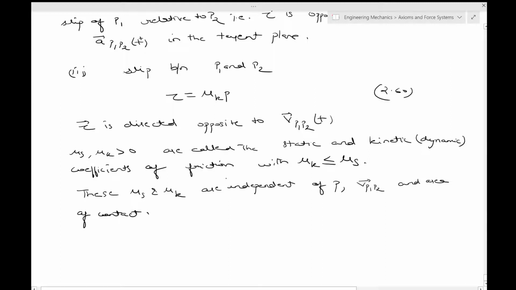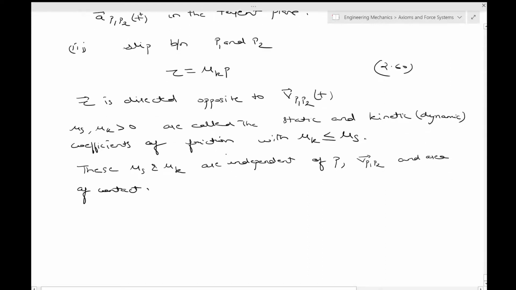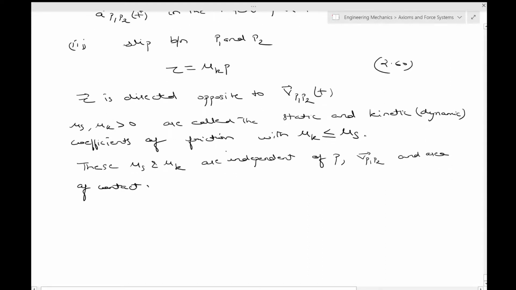If this assumption that your motion which you had assumed was correct and the friction which you had assumed was correct, the answers come out to be positive based on your sign convention. And if for some reason it's negative, then you know then it actually acts in the opposite direction. Okay, so you have already done that and you will continue to do that. So there is no other method. Okay, there is no other method to do this. The only way is doing it in this way.